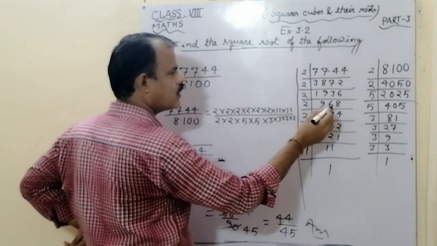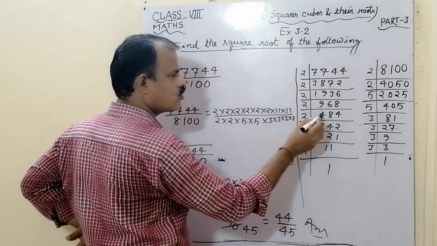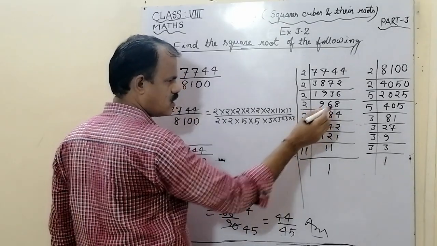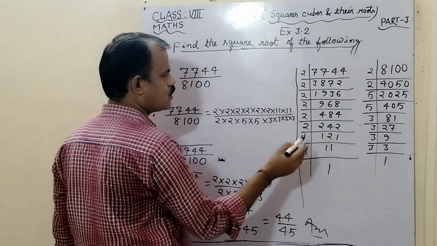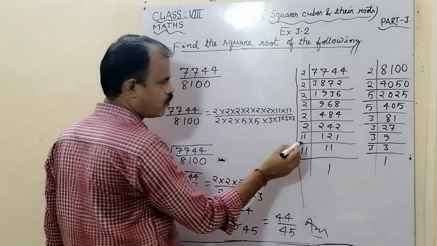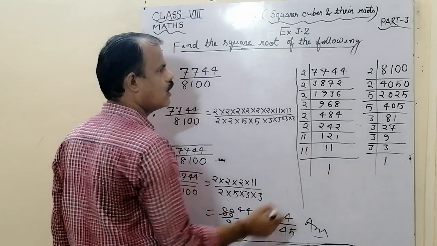2 times 968 is 1936. 2 times 484 is 968. 2 times 242 is 484. 2 times 121 is 242. 11 into 11 is 121, 11 times 1 is 11.